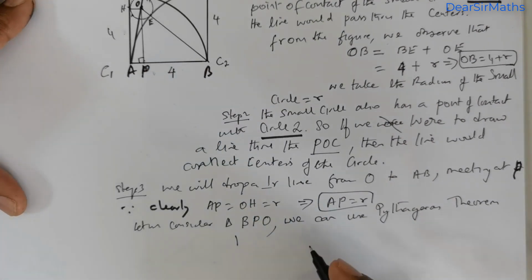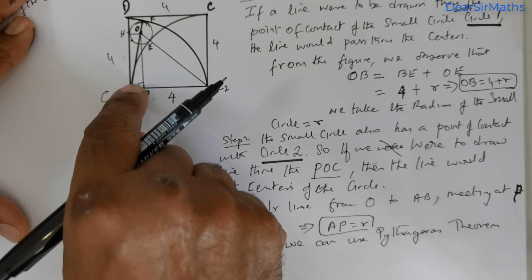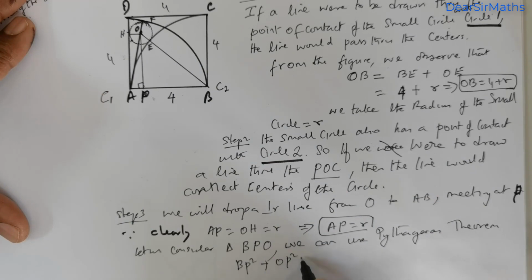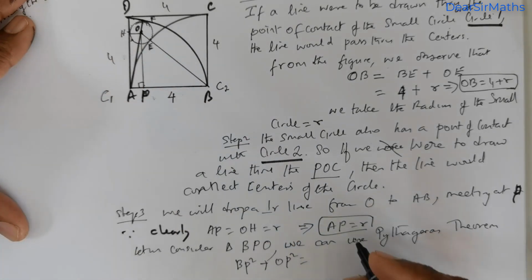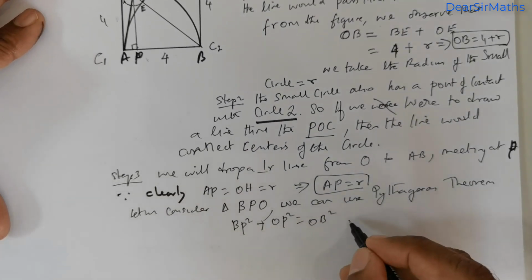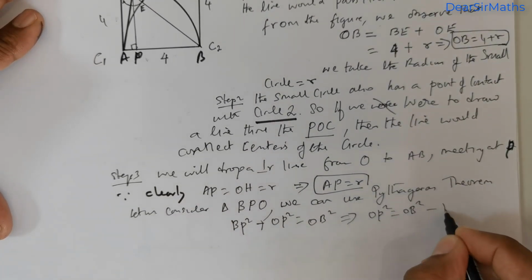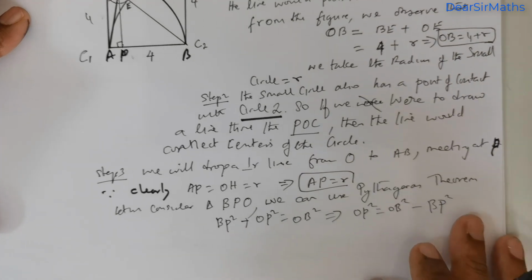We get BP squared plus OP squared is equal to OB squared. Now this can be rewritten as OP squared is equal to OB squared minus BP squared.